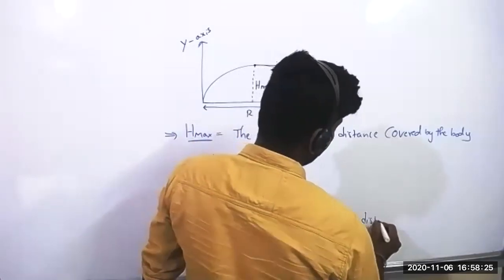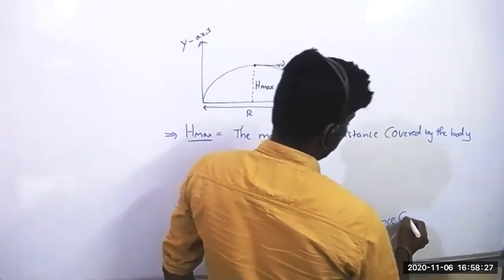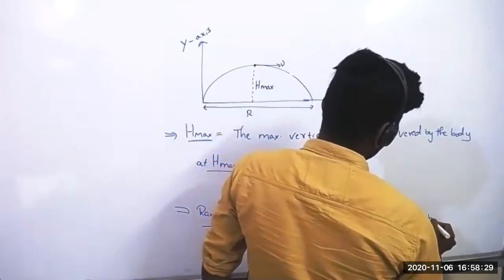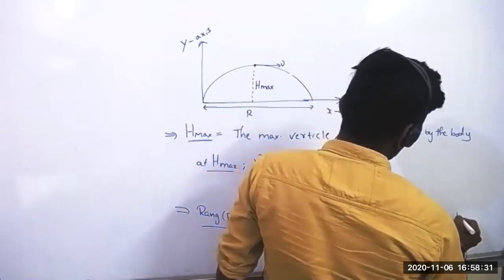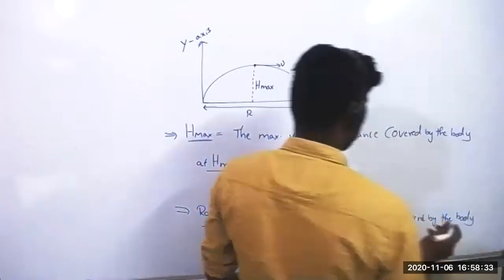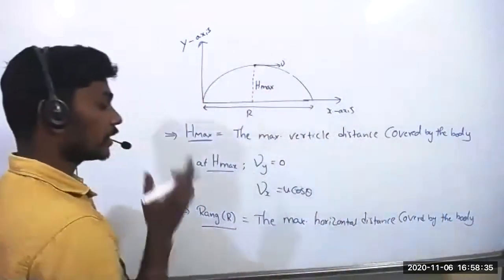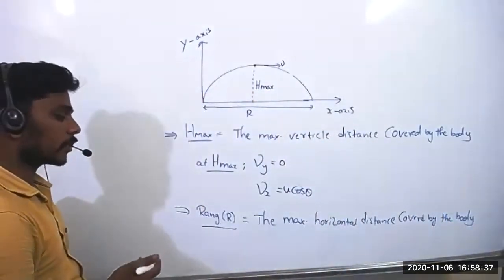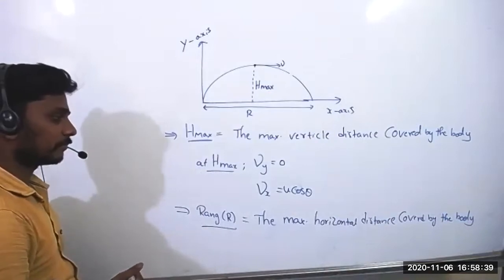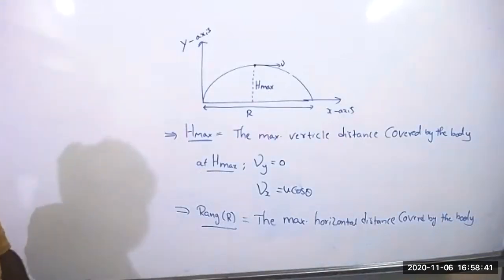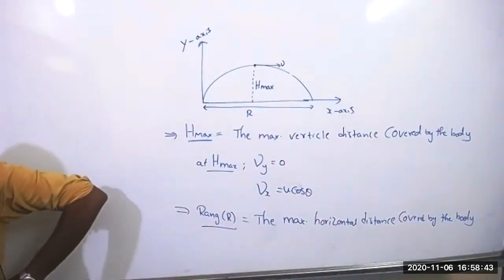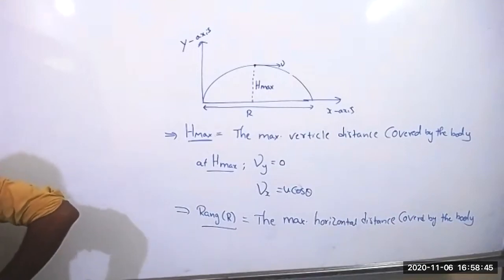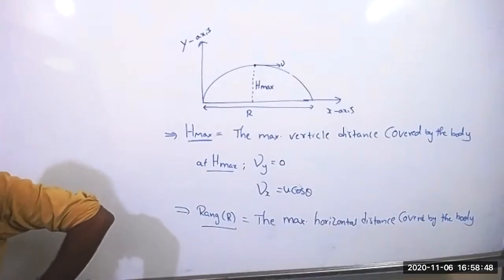The maximum horizontal distance covered by the body is called range. Clear?